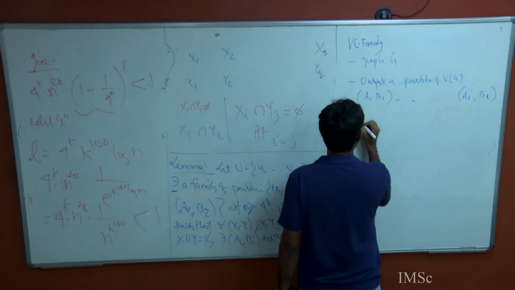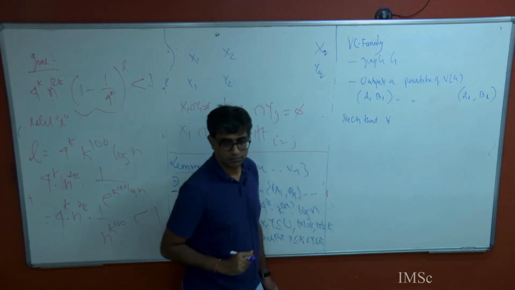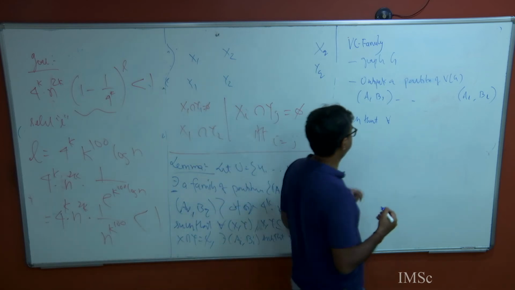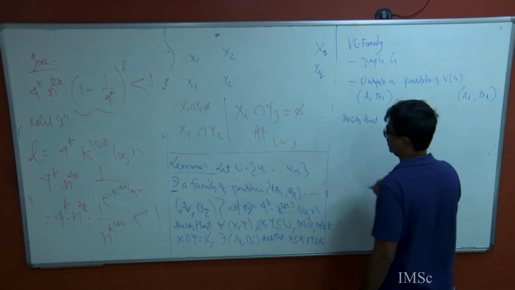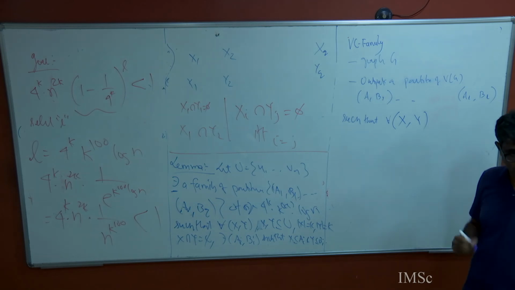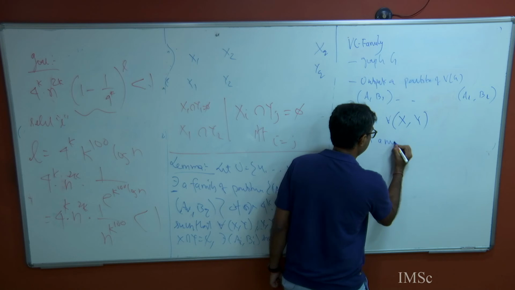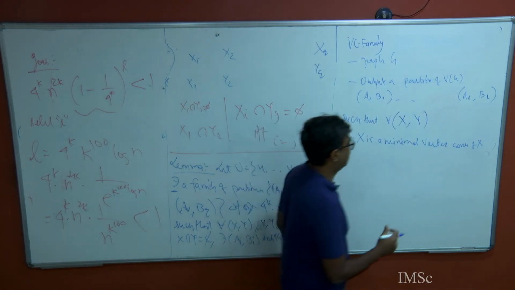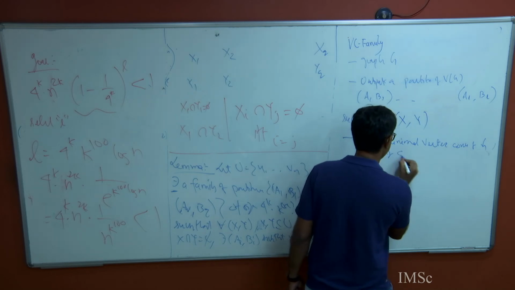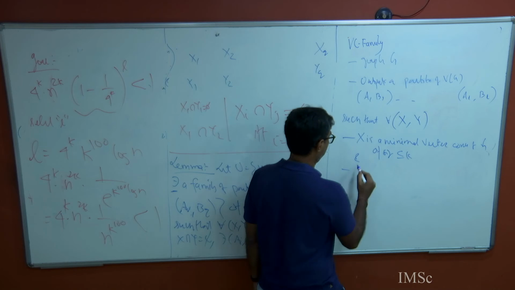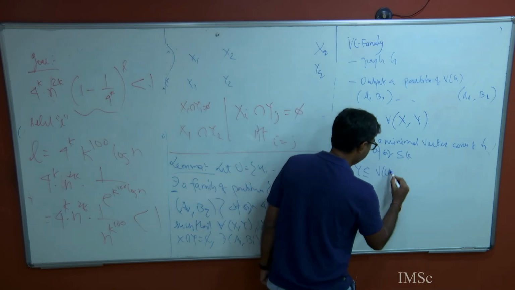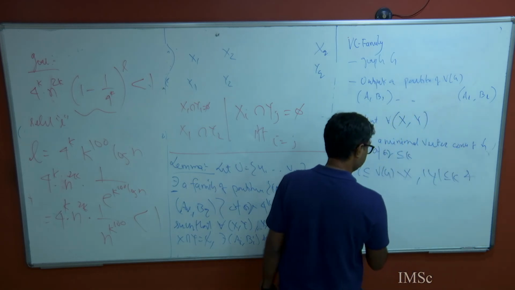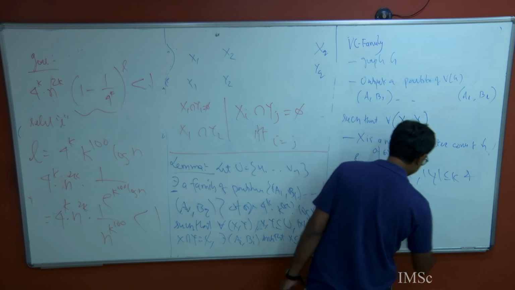Such that for all x, y, we will make what it is, x is a minimal vertex cover of G of size at most k, and y is a subset of Vg minus x, okay, y has size at most k, and N of y is equal to x.